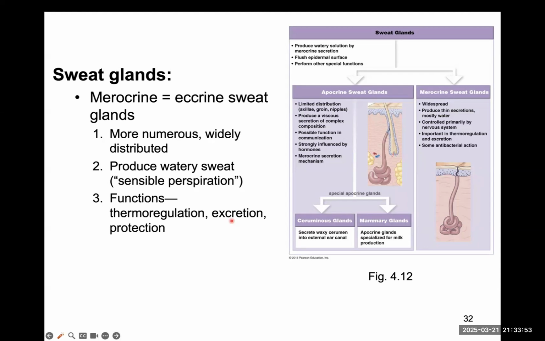It's kind of an old person smell, and it's because they have these merocrine glands that are breaking down toxins that their organs can't break down anymore. So that's the smell you're smelling when you're sitting next to a really, really old person.